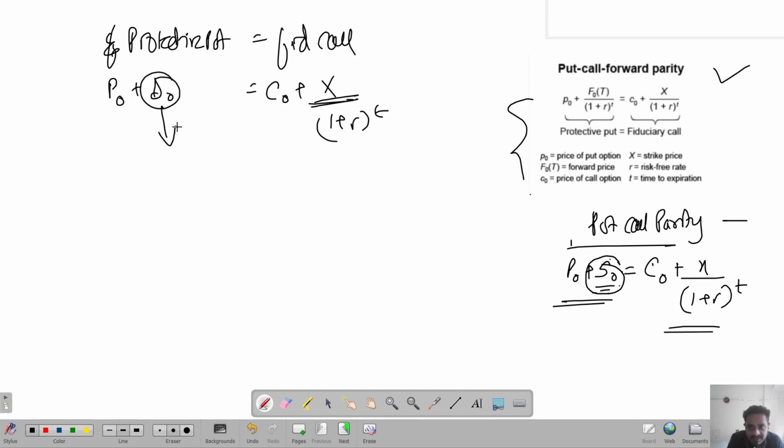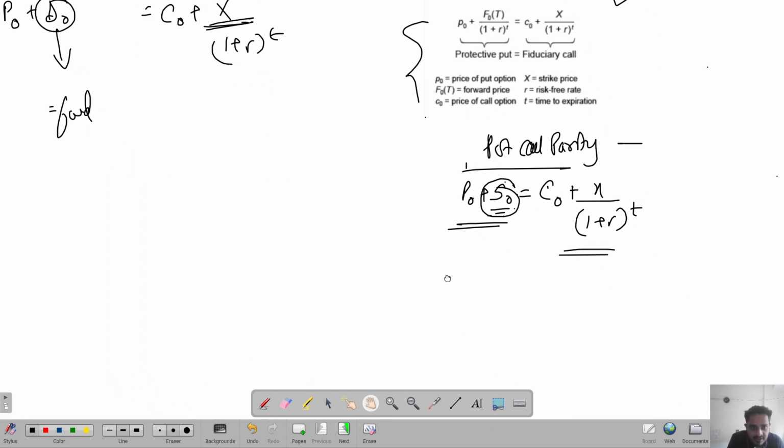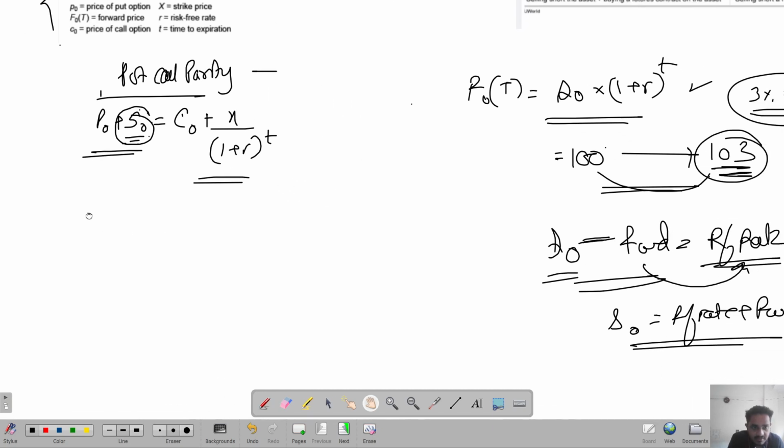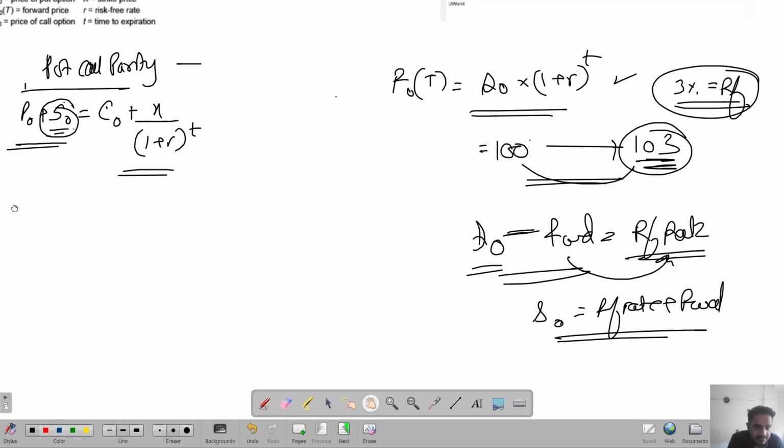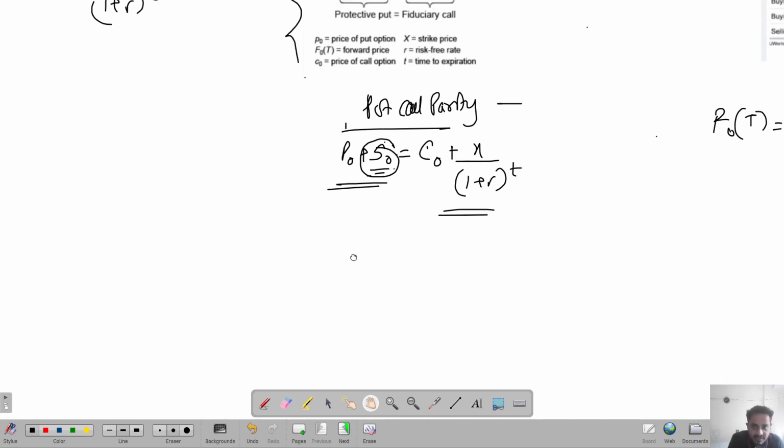We replace this with a forward contract on a risk-free rate.